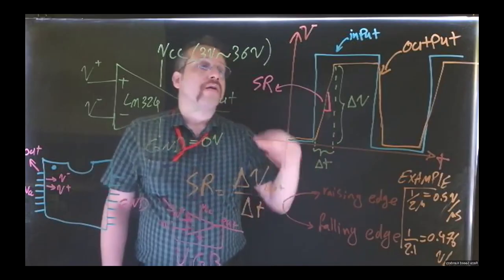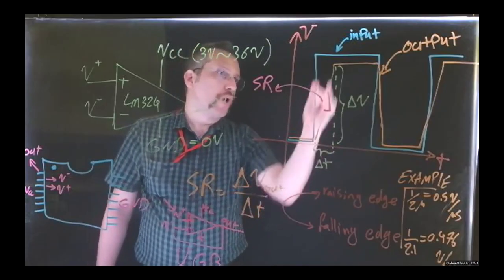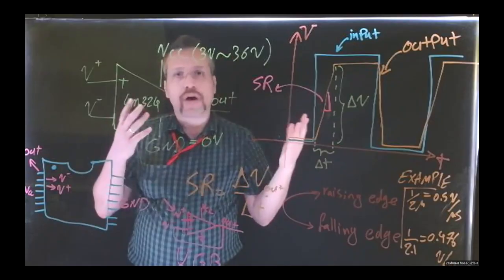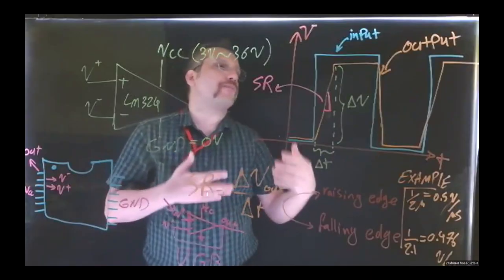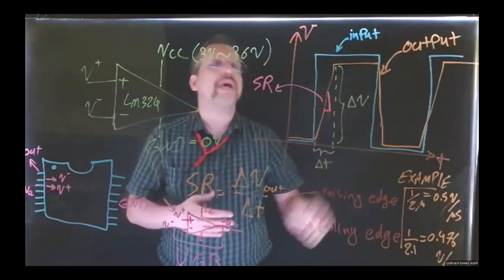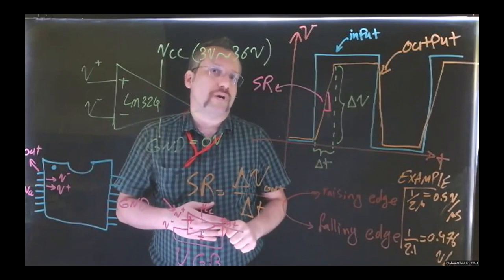Okay? Now, if you measure one slew rate, like a rising slew rate, that's enough. But to make sure and have a good picture, it's better to have both rising and falling edge slew rates in our measurements.